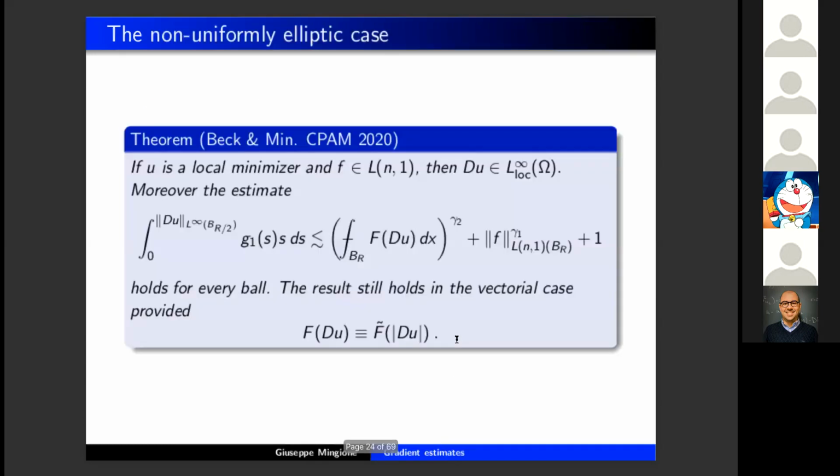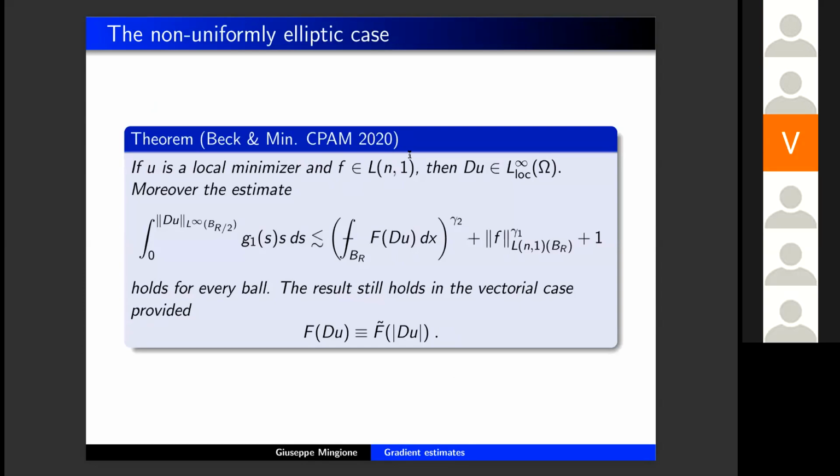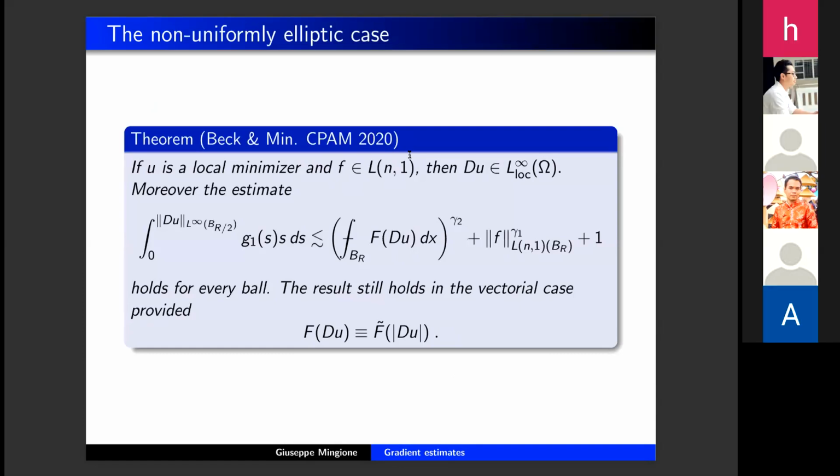And then you can prove a result that tells that the Lorentz space Ln1 is essentially a universal space, because whenever you have a divergence type operator, no matter what you have under the sign of divergence, if there is ellipticity enough, then the space is always the same. So if the right-hand side belongs to Ln1, this Lorentz limiting space, then you can bound the full strength of the energy with this a priori estimate.